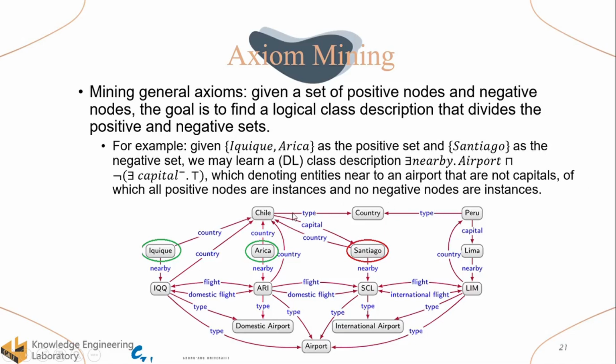So for simplicity, this means that if we have three instances right here, those instances that are nearby to an airport, these two are nearby to an airport but are not capital. These two, which are not capital, will be in the positive set, and the one which is capital will be in the negative set.